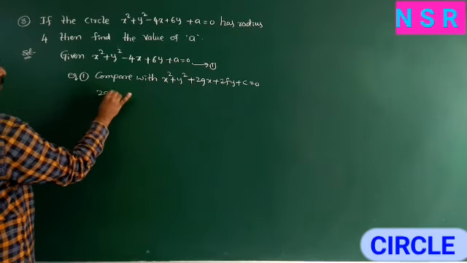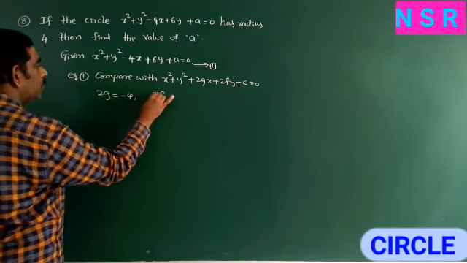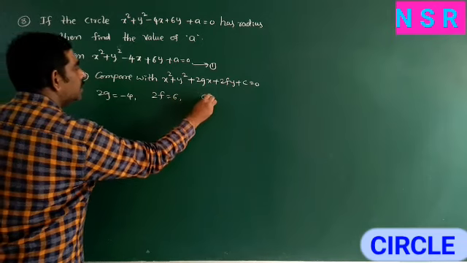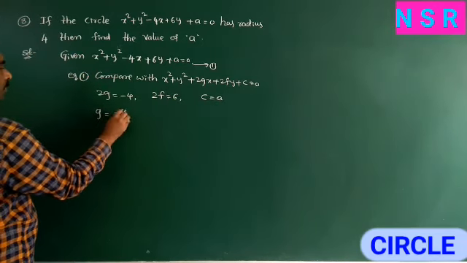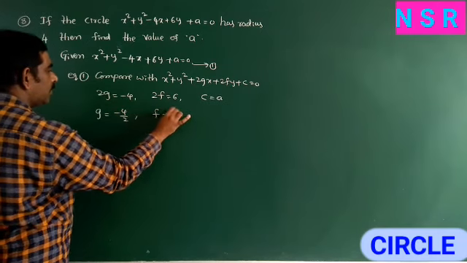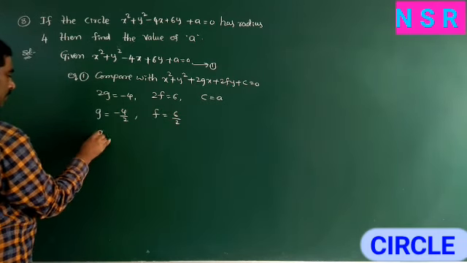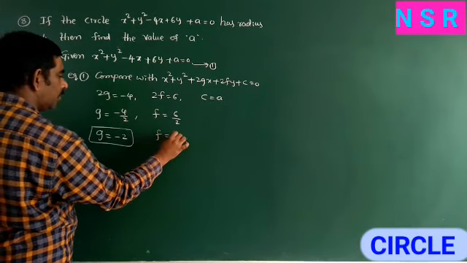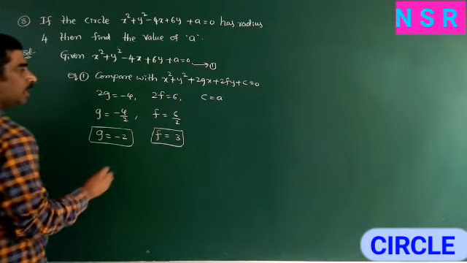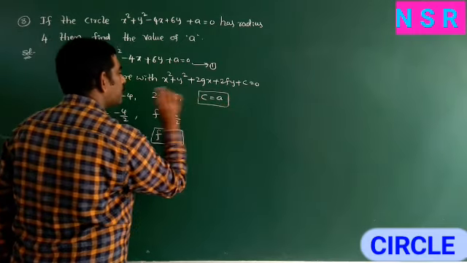Now 2g is equal to minus 4, 2f equal to 6 and c equal to a. So g is equal to minus 4 by 2, which is minus 2, f value 3 and c value a.